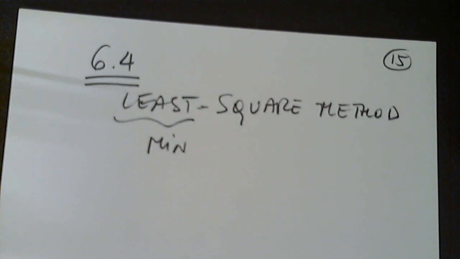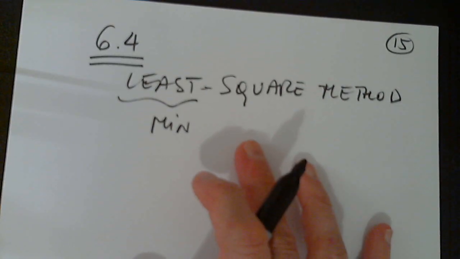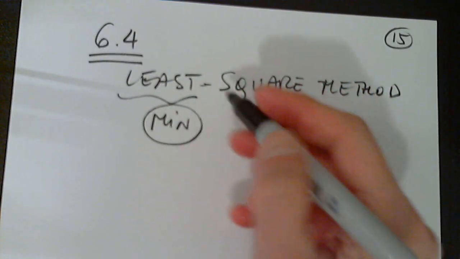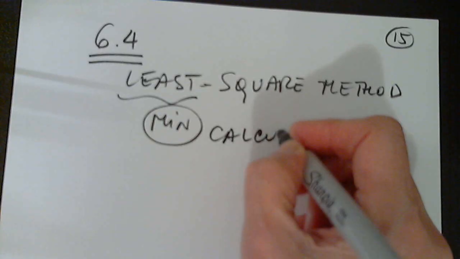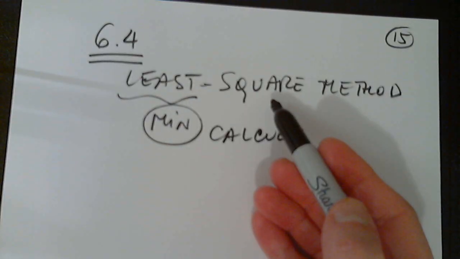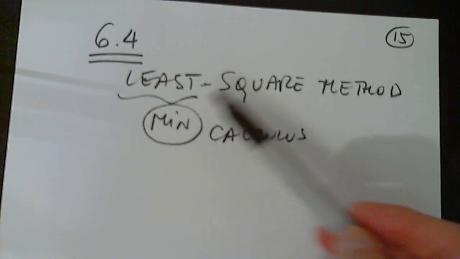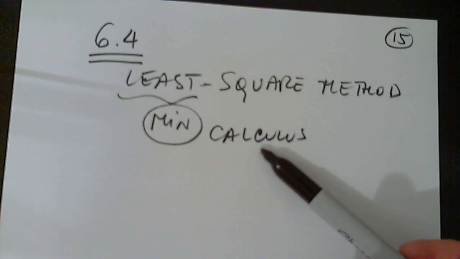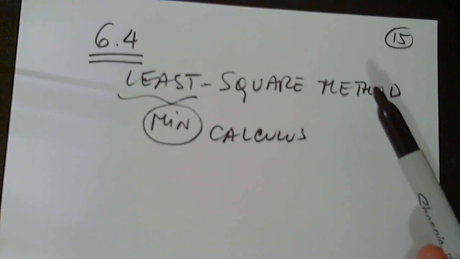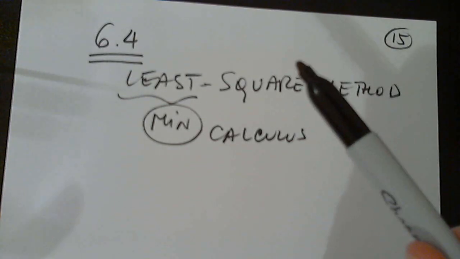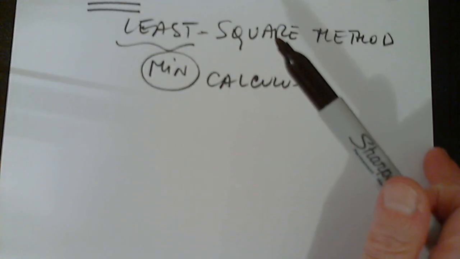What does this mean, and why is it here? Well, every time we talk about minimum or maximum, we talk about calculus. And it has two variables. So we're trying to find the minimum error of fitting a line through a cloud.